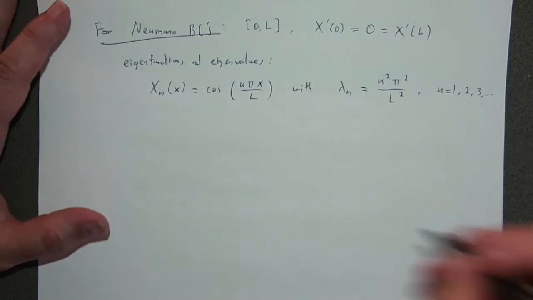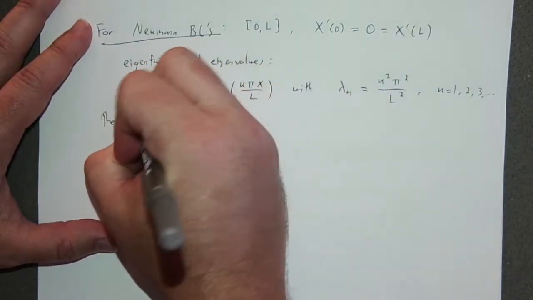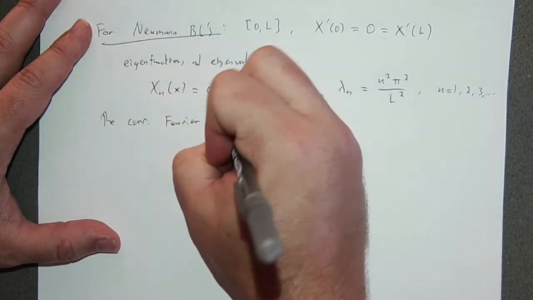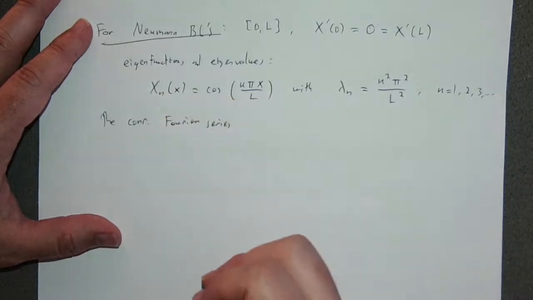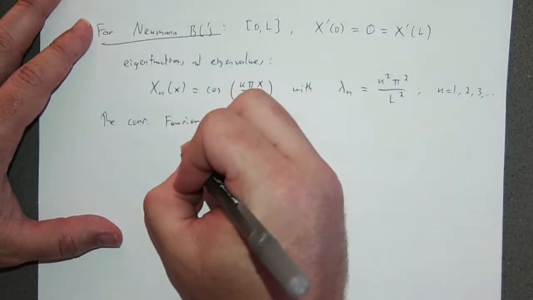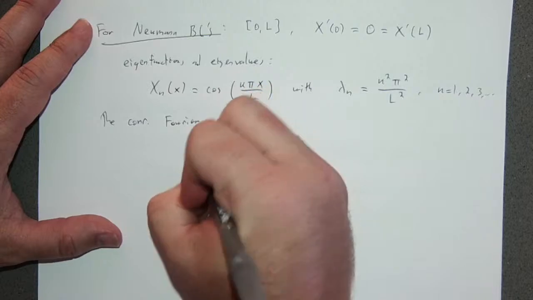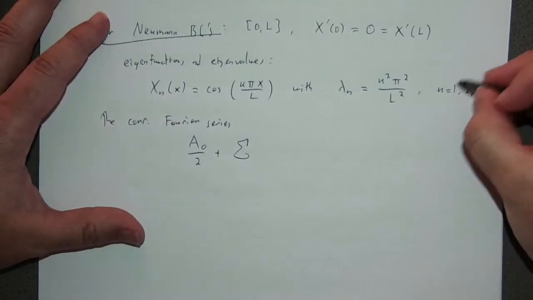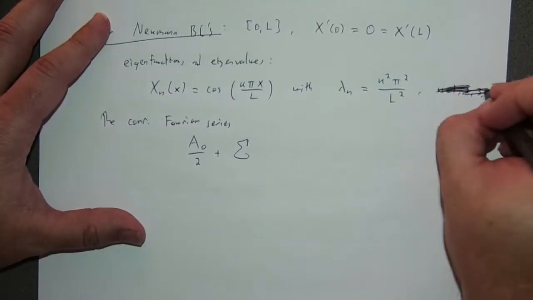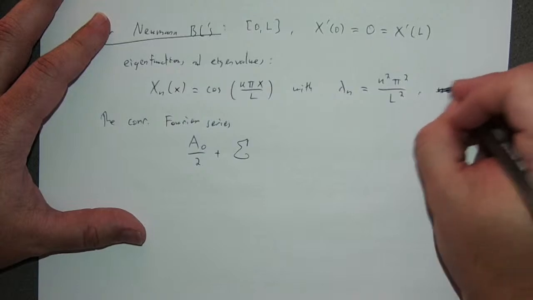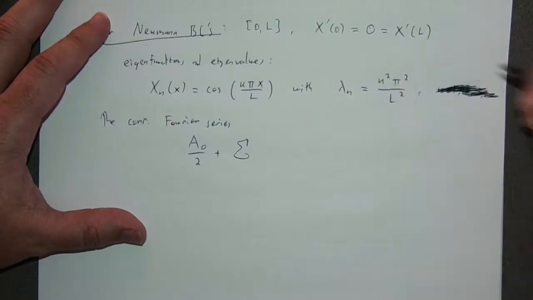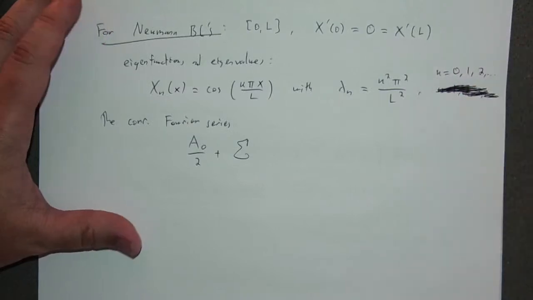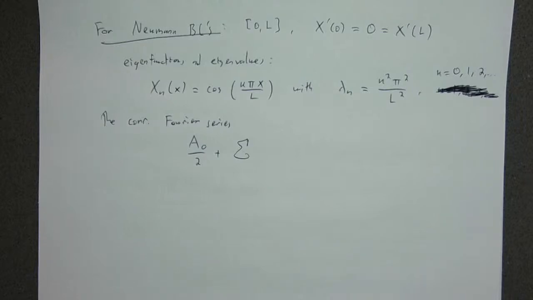The corresponding Fourier series is, again, a naught over 2 plus, so these are indexed. Sorry, I screwed this up. I should have been careful to note here that 0 is now an eigenvalue. So this indexing starts at 0 to reflect that.